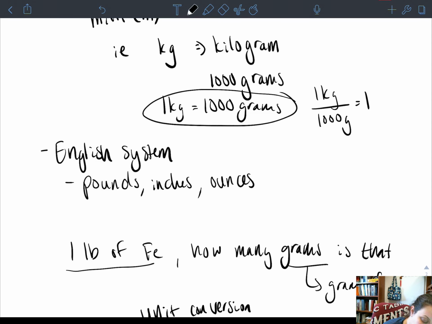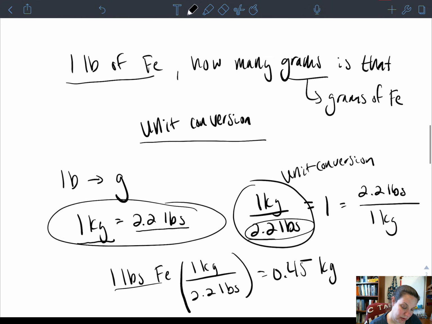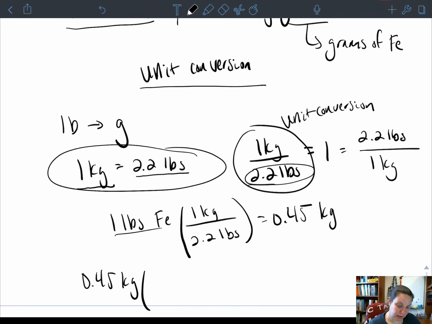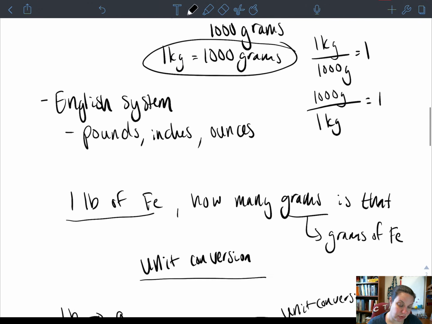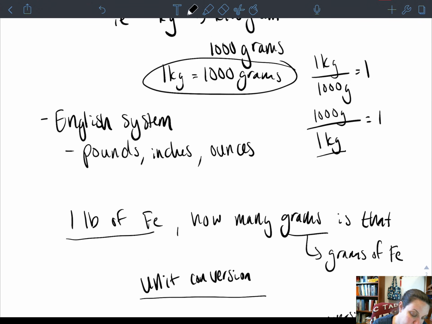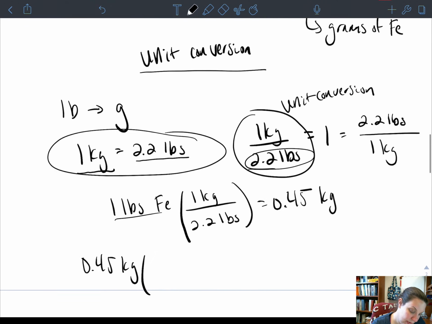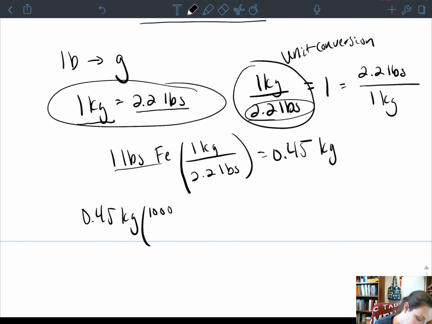And then the opposite, or the reciprocal of that, would be the same. Here we have kilograms on top. That's our given unit. We want to convert into grams, so we want kilograms on bottom, grams on top. So 1,000 grams per 1 kilogram, giving us 450 grams.